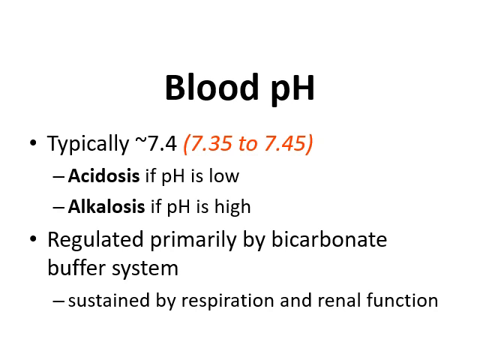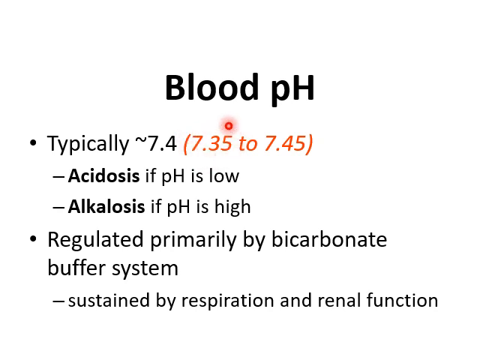So pH, we have a very narrow range in the body. If we get much outside this 7.35 to 7.45, we're probably going to die pretty quickly. So we average about 7.4. We get a couple of hundredths of a point in each direction, and that's about as far as we go. So acidosis, when pH is low, is 7.35.